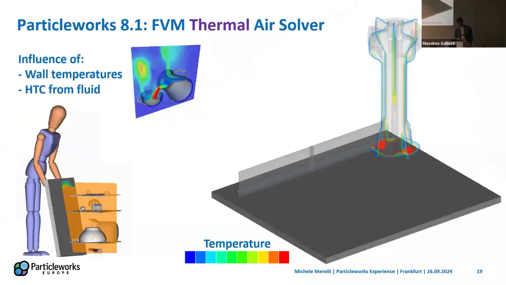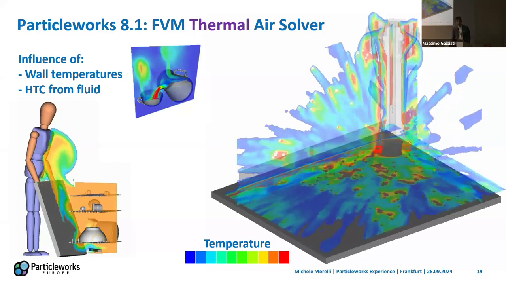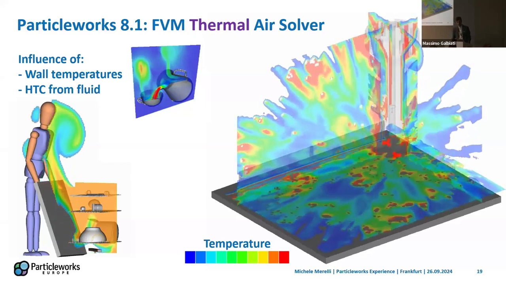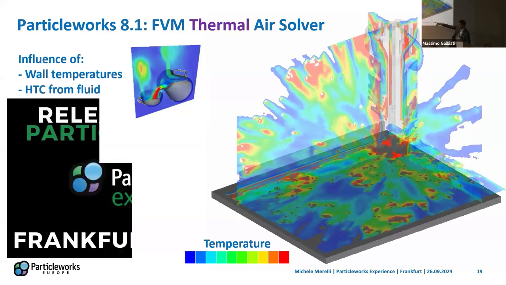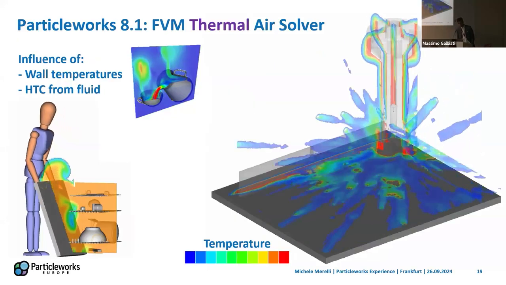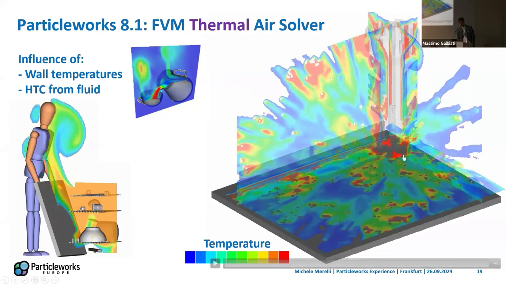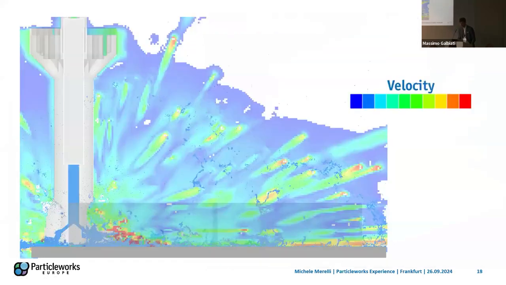And yesterday, but also today, we heard that now the finite volume method allows for a thermal analysis as well. So yeah, we had the example of the washing machine vapors presented also yesterday during our workshop. And on the right, we see the temperature in air.